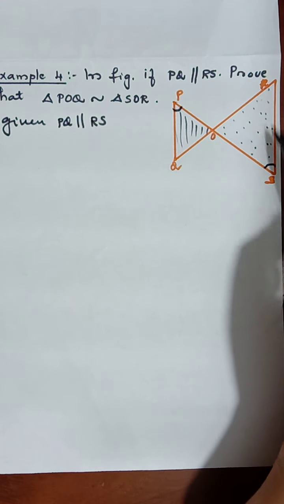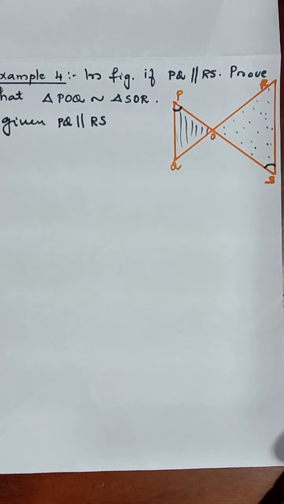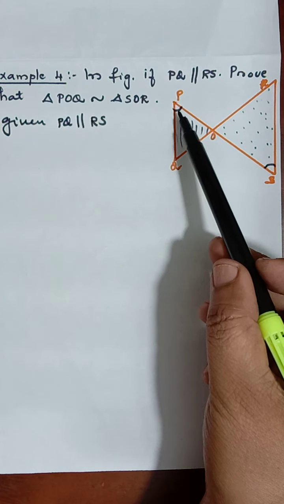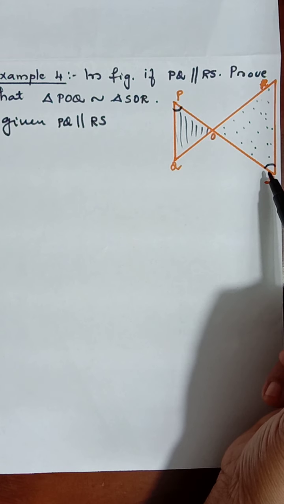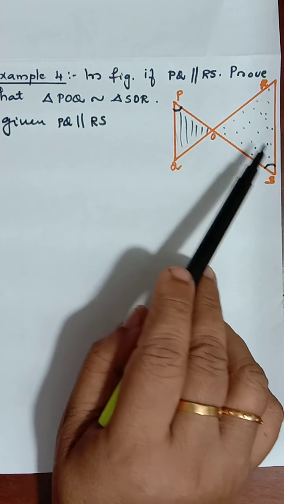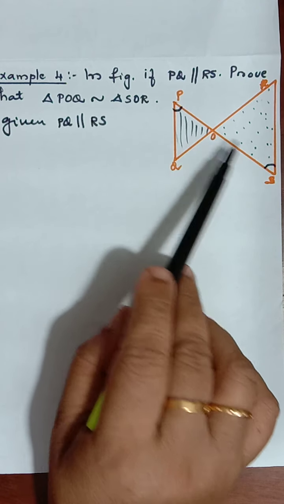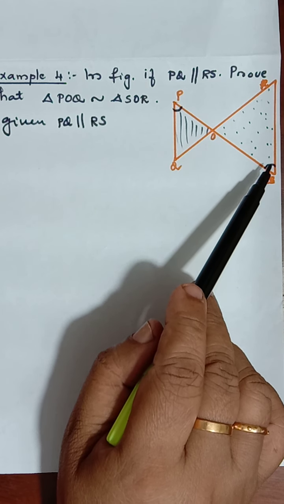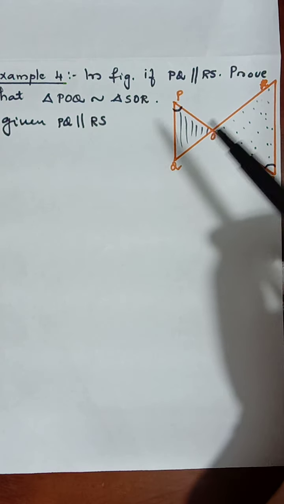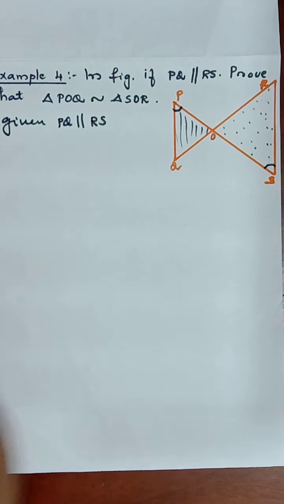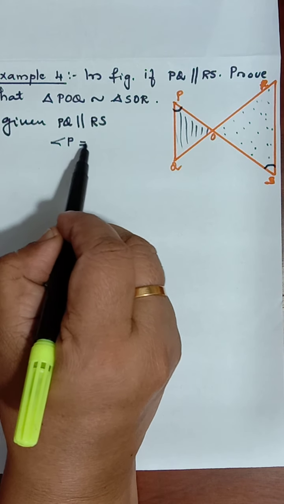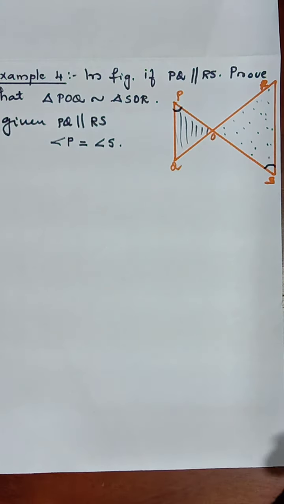When two lines are parallel, corresponding angles are equal. Here corresponding angles are not there. Here comes alternate interior angles. Look at the transversal PS. On both sides of the transversal PS you are getting the angles. We call them alternate interior angles. Here since PQ parallel to RS, angle P will be equal to angle S.